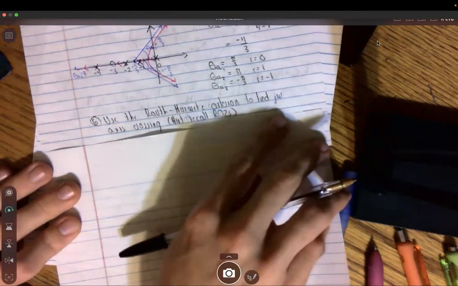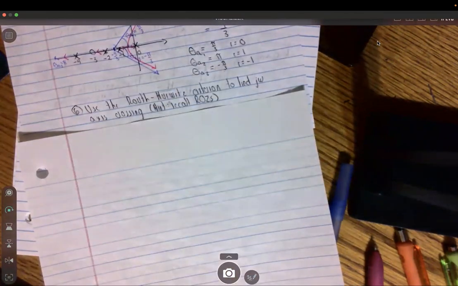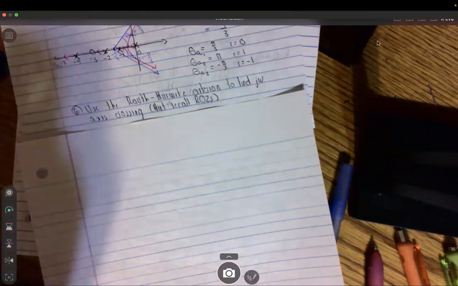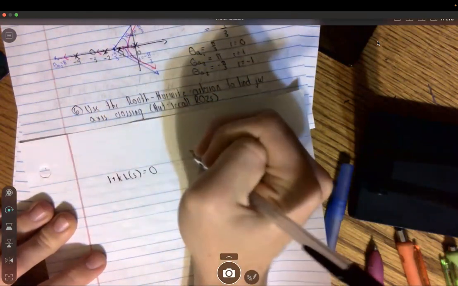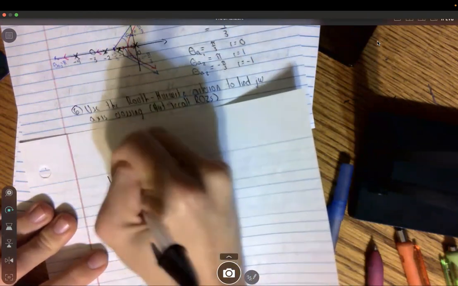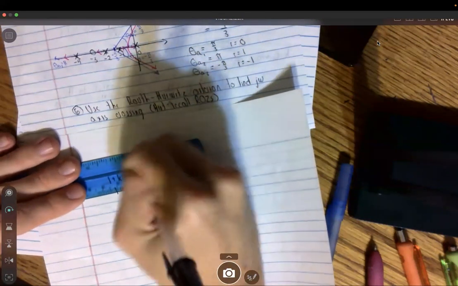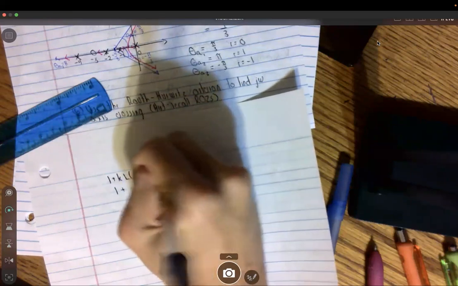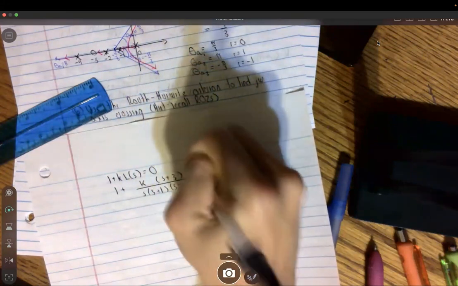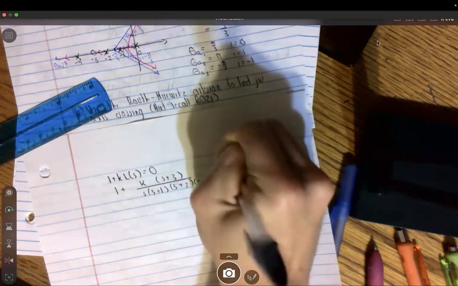And so when we made our transfer function, we had 1 plus K L of S equal to 0. Remember, we were able to write this as 1 plus K, and then we had our zero in the numerator, all over what was in our denominator, all of our poles, S times S plus 1 times S plus 2 times S plus 4, equal to 0.